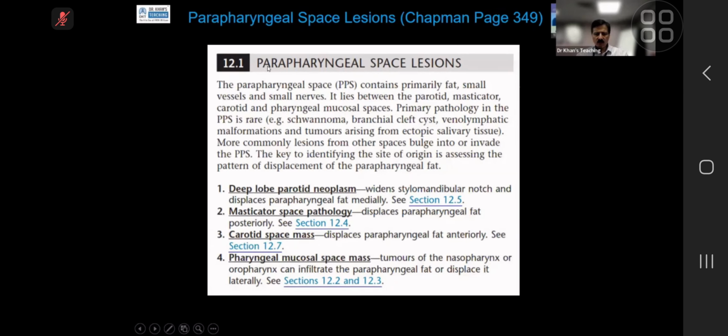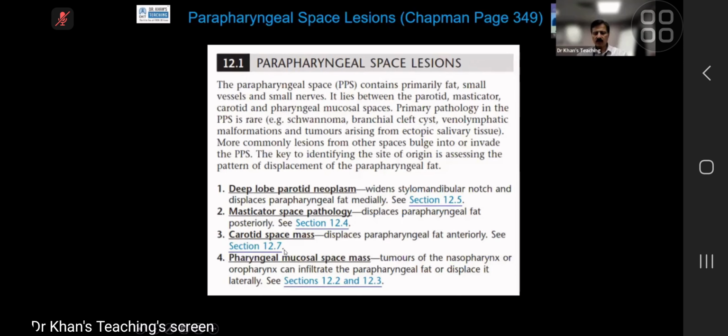Now, if you see here, look at this 12.1 parapharyngeal space lesion. It tells you it contains primarily fat, right? Now, it lies between the parotid, masticator, carotid, and pharyngeal spaces. Primary pathology is rare. So most commonly, lesions from other spaces bulge into or invade this.